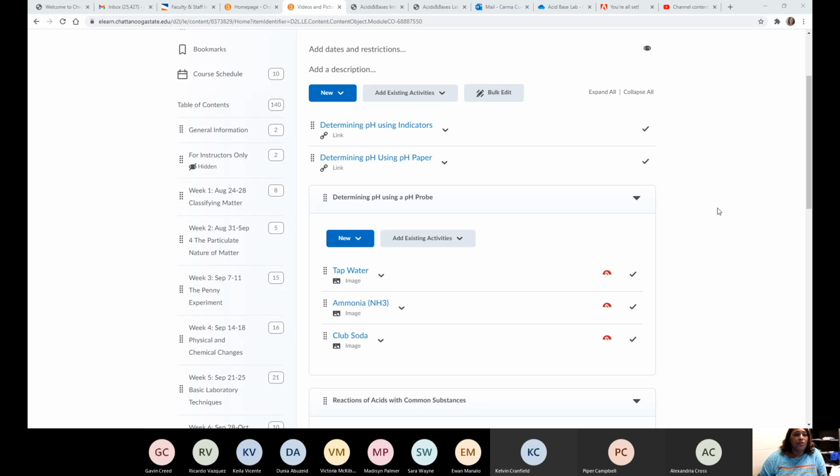You should have read up on the procedure in this document to be familiar with what you're about to observe in the pictures and videos. And then the last thing you should have done prior to today's lab is completed the pre-lab questions based on the document that we just went over in reading the introductory material as well as reading the procedure.